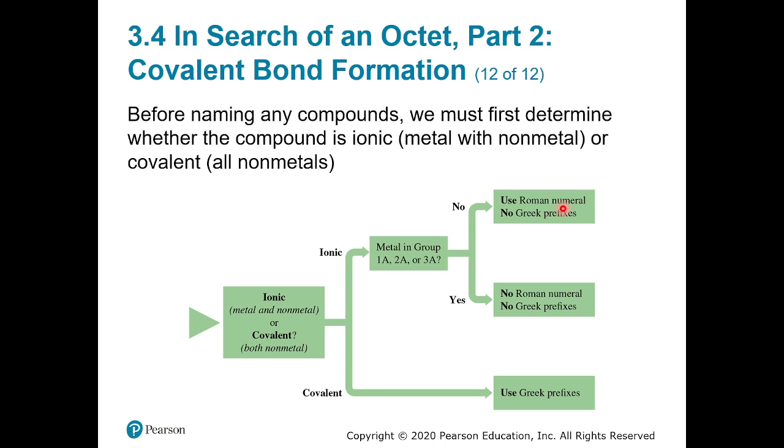Congratulations. If it's not one of these 1A, 2A, or 3A metals, those ones have variable charges, they could have different charges. And so we have to indicate that charge on the metal. And so that's where you're going to use Roman numerals to indicate the charge. And that's going to be things like Fe3Cl3. Okay? That would be with your Roman numerals.